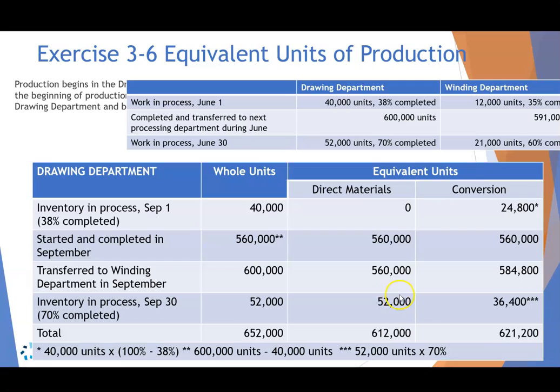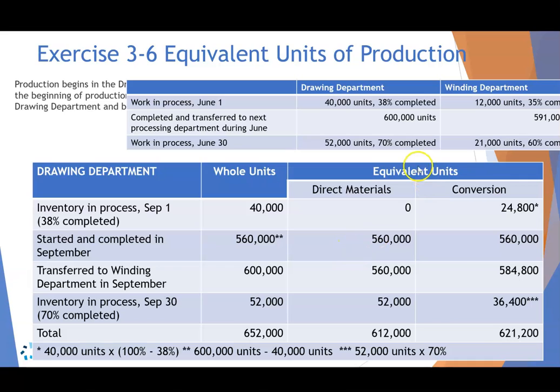For equivalent units, that's 560,000 for direct materials. And for the conversion, we would add these two, 584,800 in terms of conversion cost. Now, what's remaining, the inventory remaining at the end of the month: remember the direct materials get put in right away.